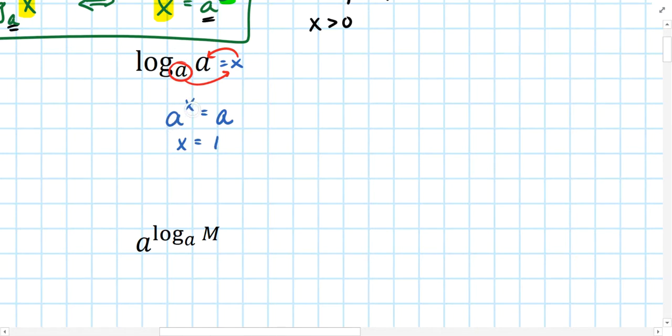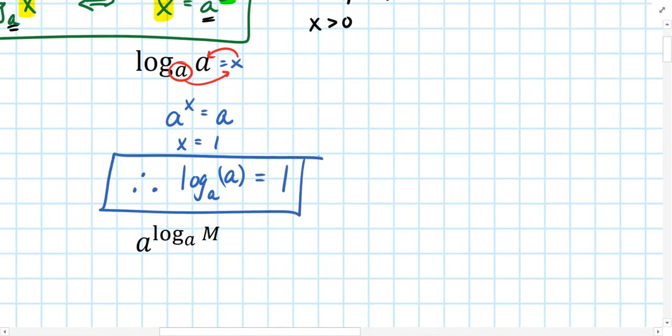Any base to the power of 1 will be equal to that number itself. Therefore, again, should we encounter a logarithm with a base and an argument, we call this number the argument, if the base and the argument are the same, then the end result is equal to 1.